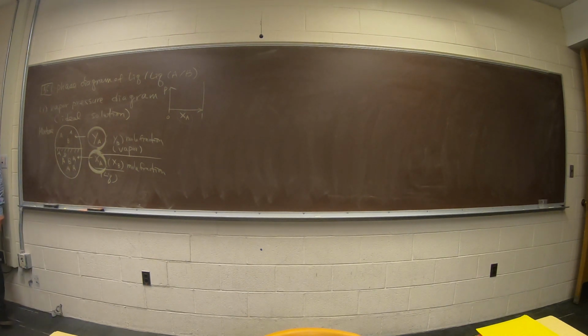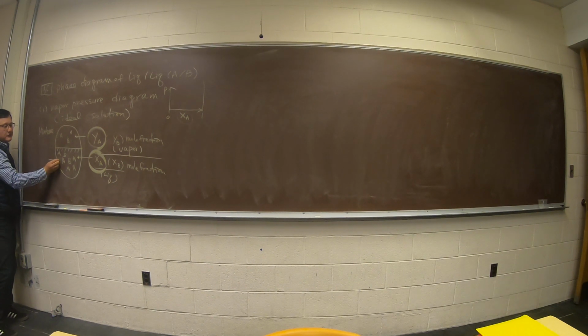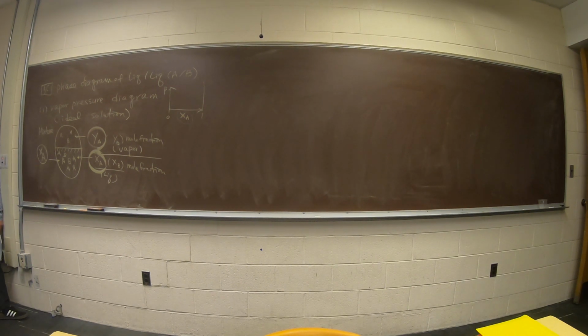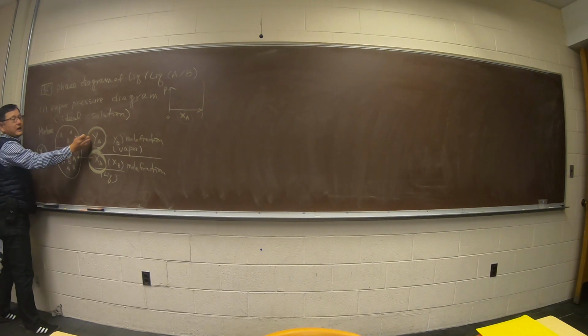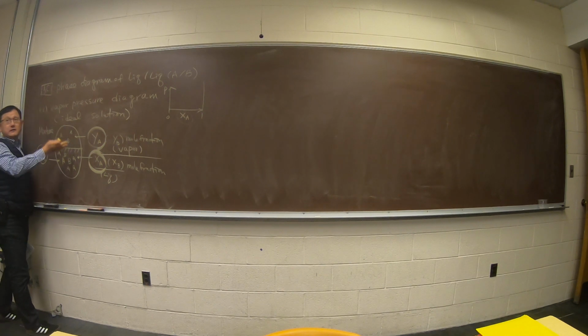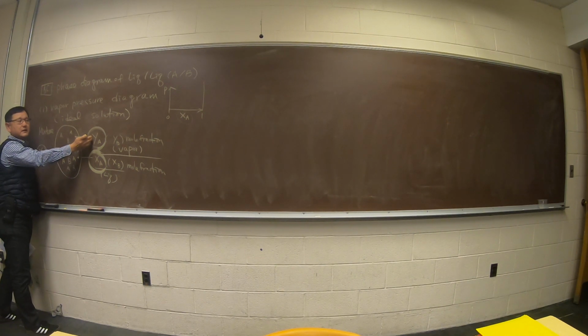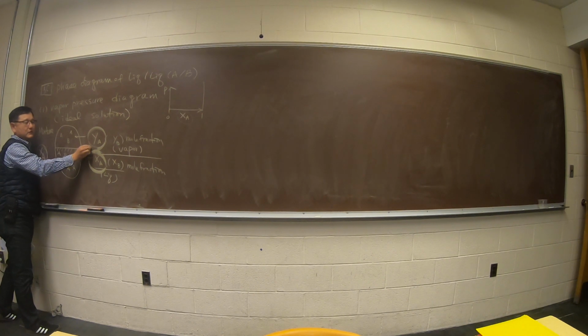This is what we typically want to do. If you mix liquid A and liquid B, and you control this composition X, I want to know how much is shooting into the air. This is the vapor, and what's the vapor composition? What's the relationship between these two?